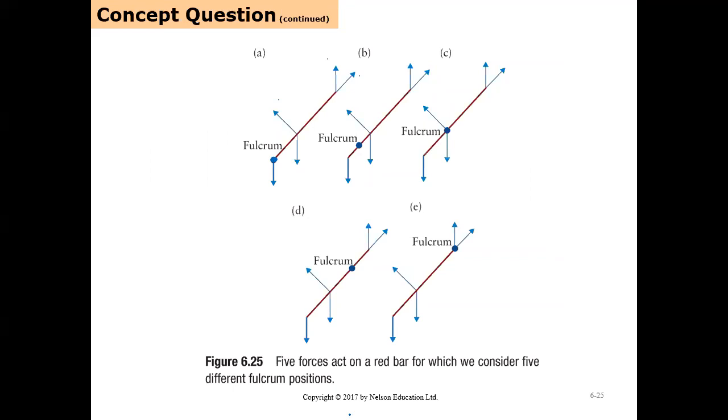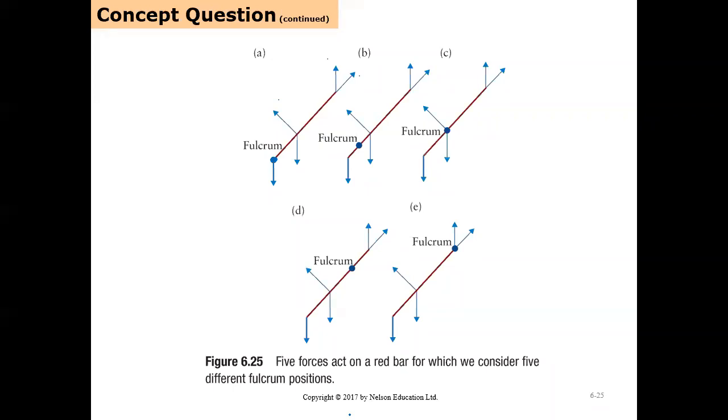You can make the size any value, but you are not allowed to change the direction, and you are not allowed to change where it is applied. You can only change the size of the force. Now the question is, which one of these 5 configurations cannot have rotational equilibrium?